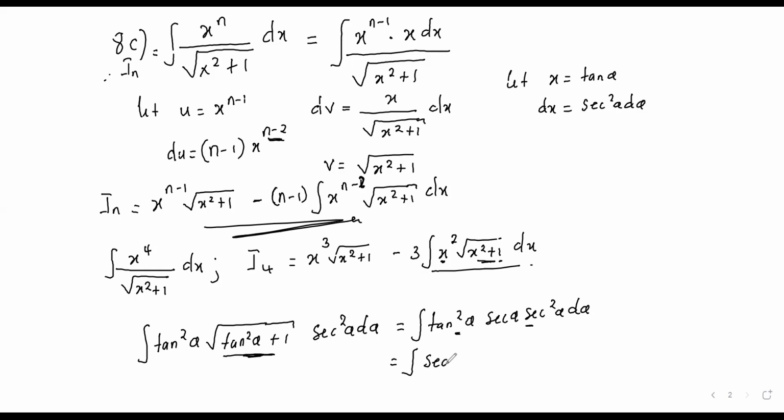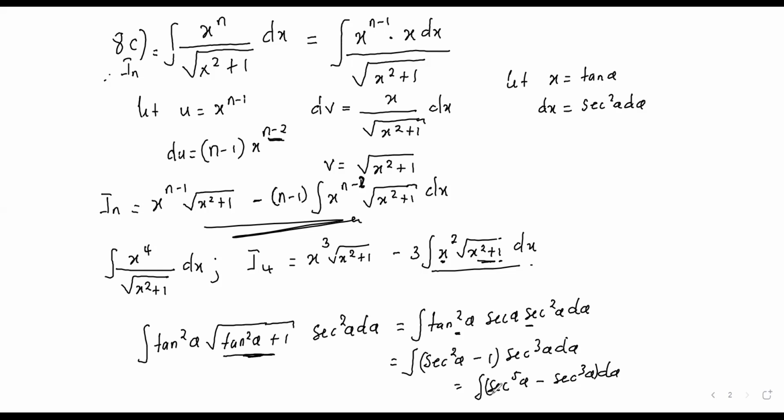So we have sec squared theta minus 1, and then sec^3 theta d theta. Then you can expand this to sec^5 theta minus sec^3 theta d theta.